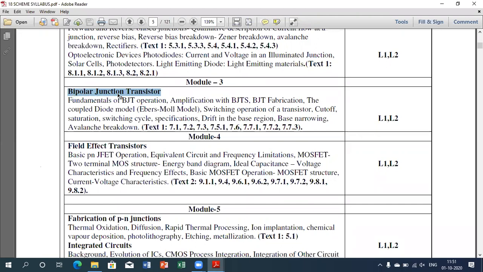It is called junction because it uses two junctions between the electrons and holes. So that's why it is a bipolar junction transistor. I hope it is clear. I will just repeat. A transistor is an amplifier which is used to magnify the weakened signal transmitting from source to destination.